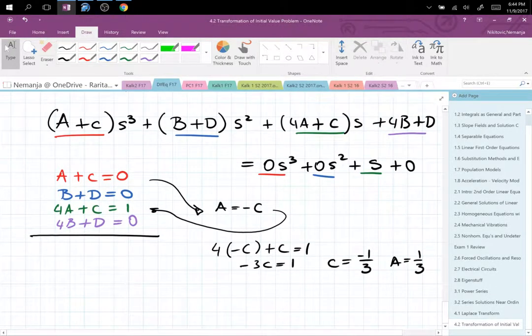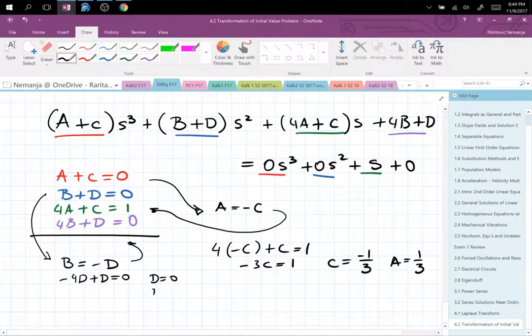Now, the second set of equations says that B is equal to negative D. And I plug that in here, and I get negative 4D plus D is equal to 0, from where you see that D is 0 and then immediately B is 0.